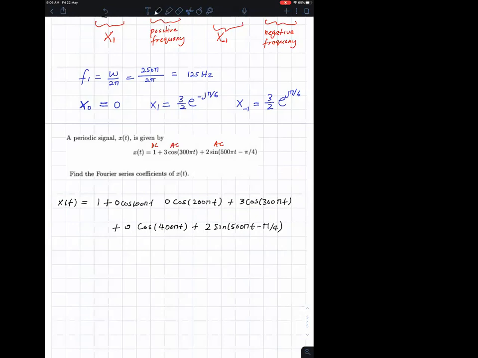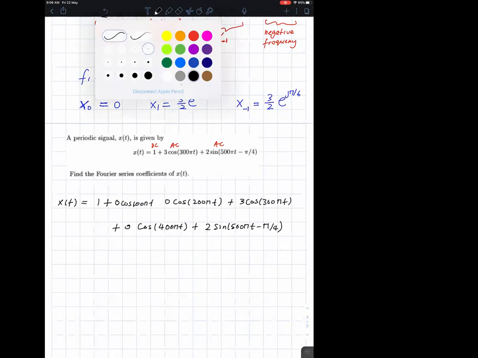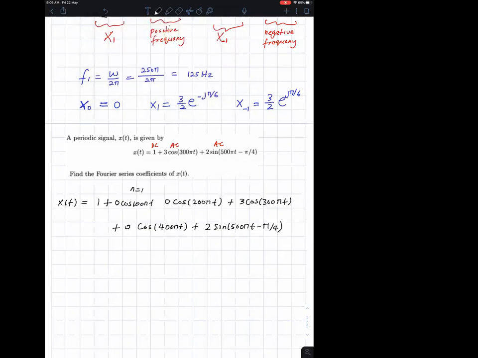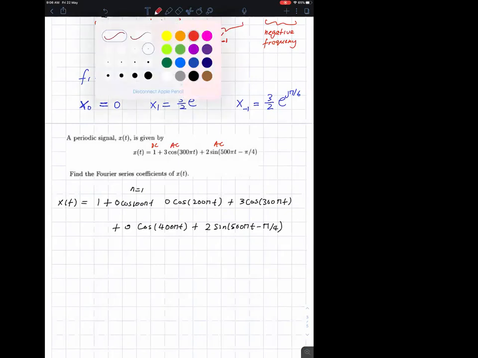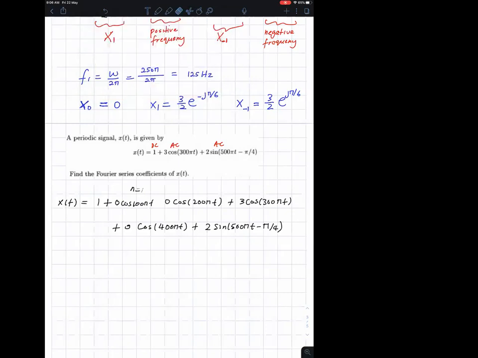This is equivalent to saying that when n equals 1, let me write this in red color, the frequency component can be written as n times 100. The frequency is like omega. You can say omega_n is 100 n pi.